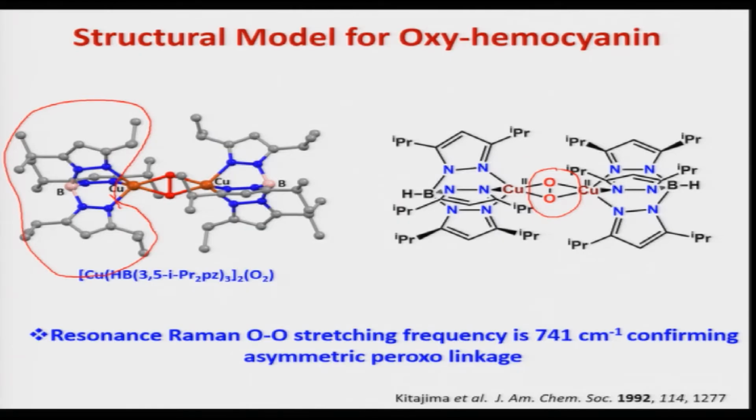So, this is further validated by the model study, which confirms that the dioxygen is O2 2- in oxy-hemocyanin. We will talk about hemerythrin, another oxygen carrying protein in biology.